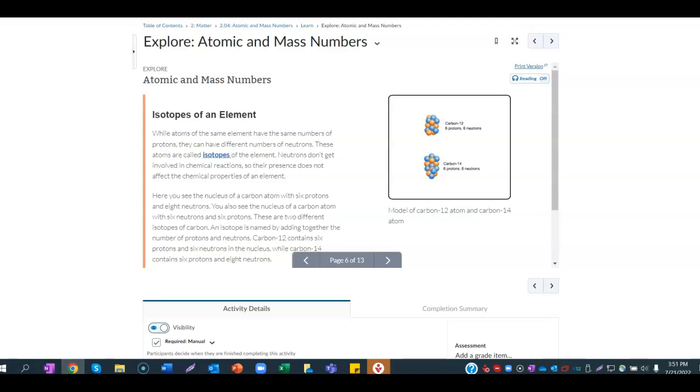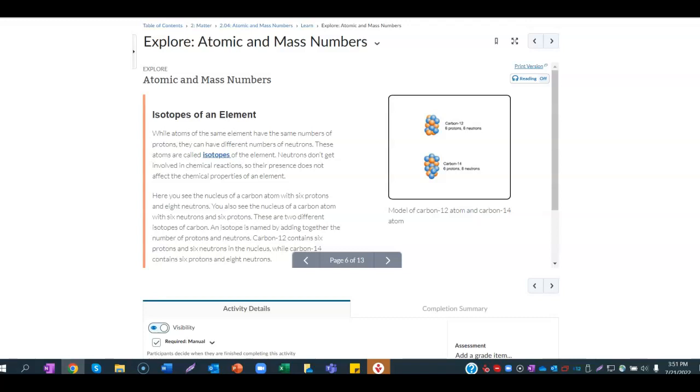An isotope is named by adding together the number of protons and neutrons. That is the answer to number 5. How are they named? So you could add that to your notes, or since it's an answer to a guiding question, just answer it there. So they're named by adding together the protons and neutrons.